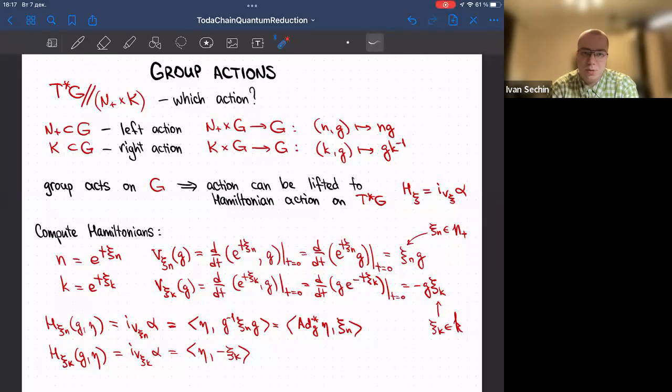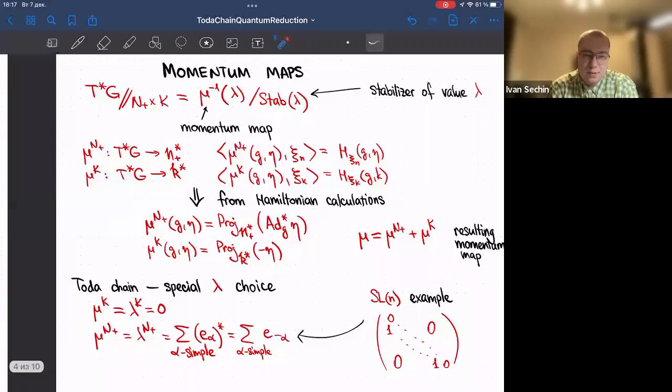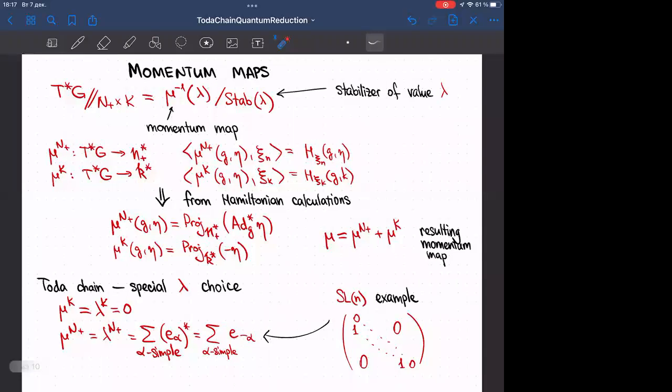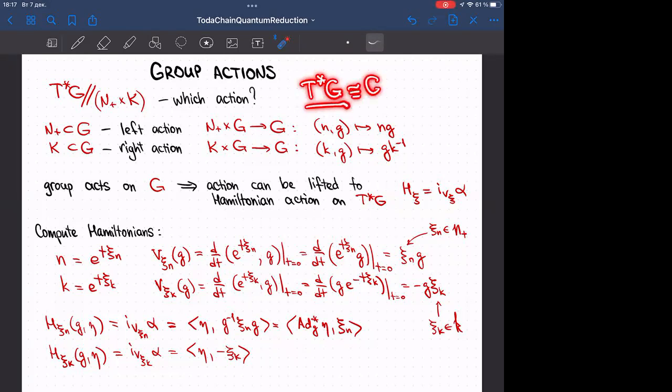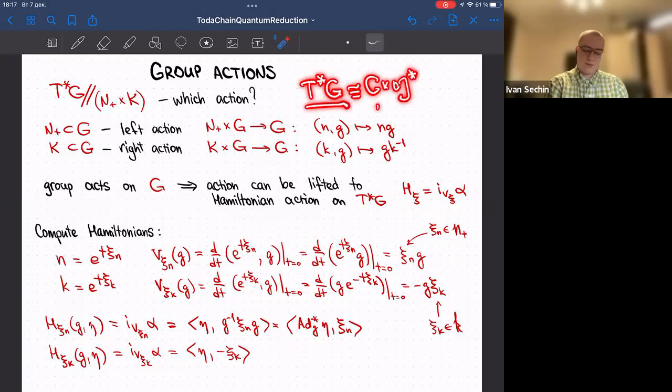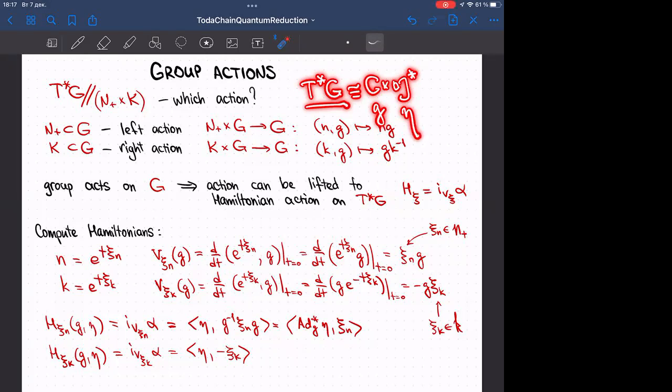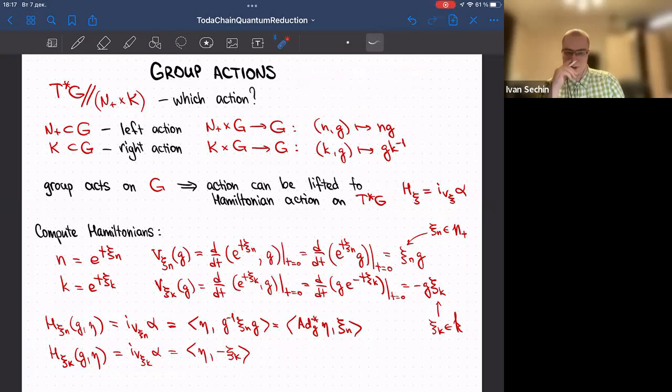Now at this moment we have two Hamiltonian actions, from the left and from the right. And eta, what is eta? Our phase space is the coadjoint bundle, which is trivial. Here we have G, and here we have eta, just a form on the Lie algebra.